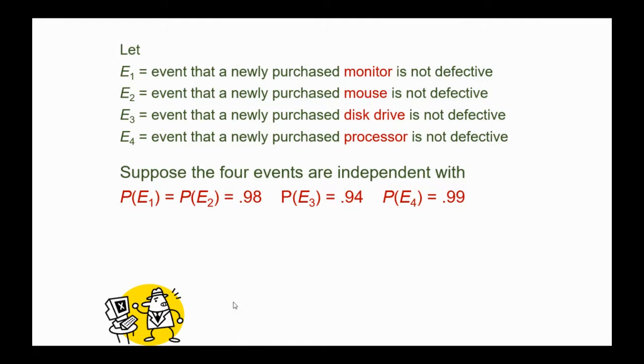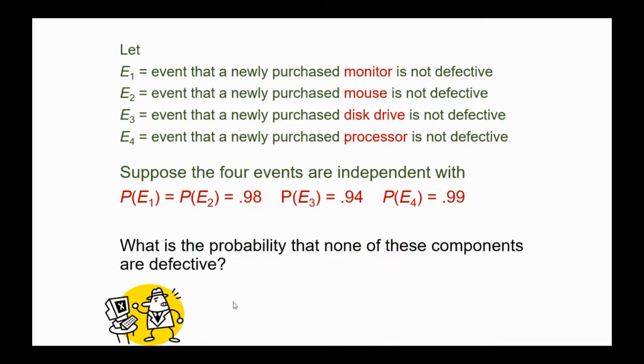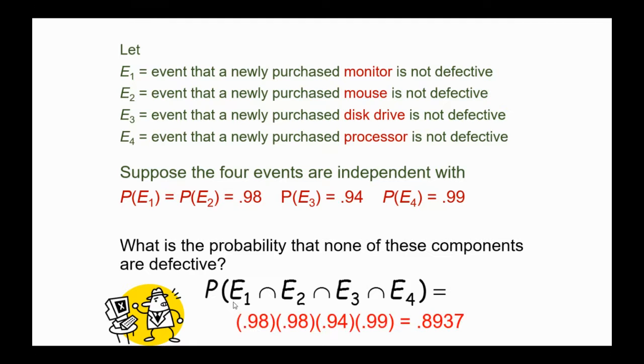Because I only see three numbers up here. That's right. We have 0.98 for two events, so I have to multiply by 0.98 twice. So 0.98 times 0.98 times 0.94 times 0.99.